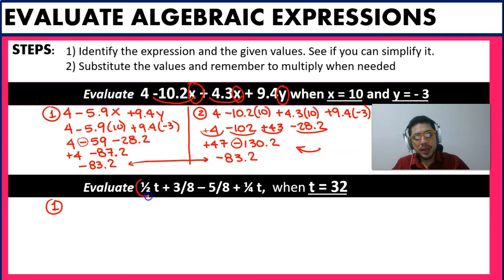So in the first way, we have 1/2 t plus 1/4 t, and we have plus 3/8 minus 5/8.